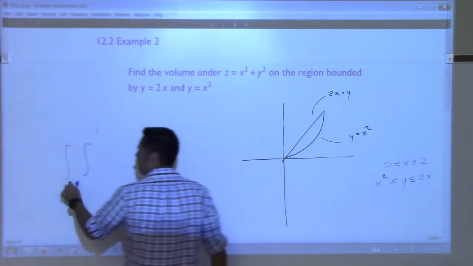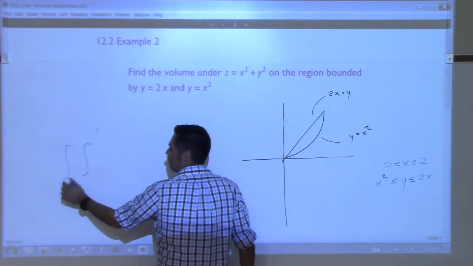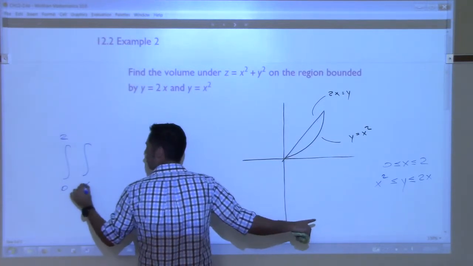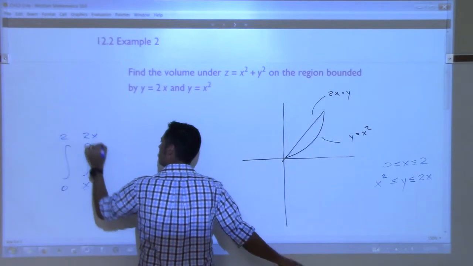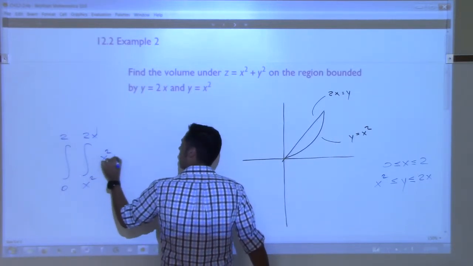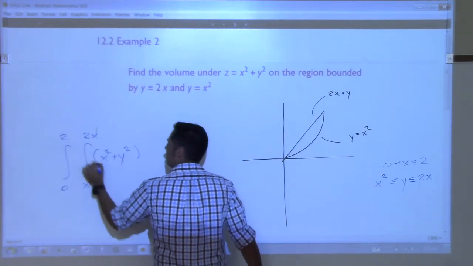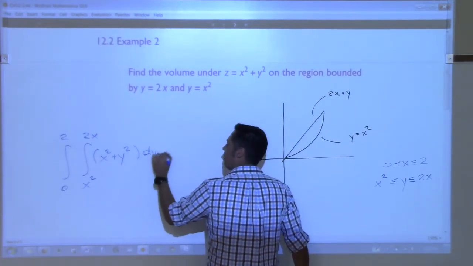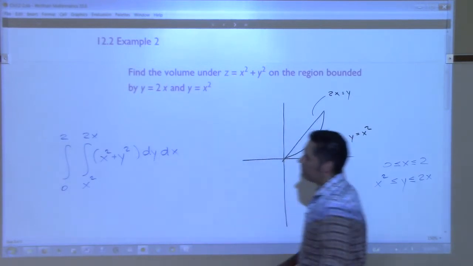What are the limits on the first integral? 0, 2, and then the second one, x squared, 2x. The integrand, and that's going to be a pretty clean integrand, isn't it? And then d what? dy, and then dx. There you go.